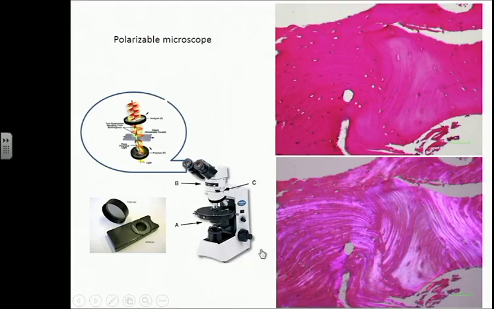Some of it is in this direction, but some of it is more concentric. And that's how lamellar bone looks. In woven bone, I won't have these parallel lamellae. See how nice they are? Very parallel over here, very parallel over here, and here, and even here. So that's lamellar mature bone.